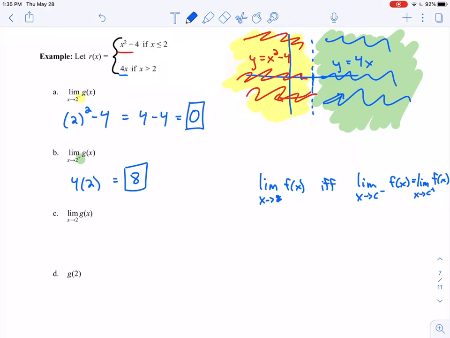So the two-sided limit only exists if the left and the right-hand limit are equal.